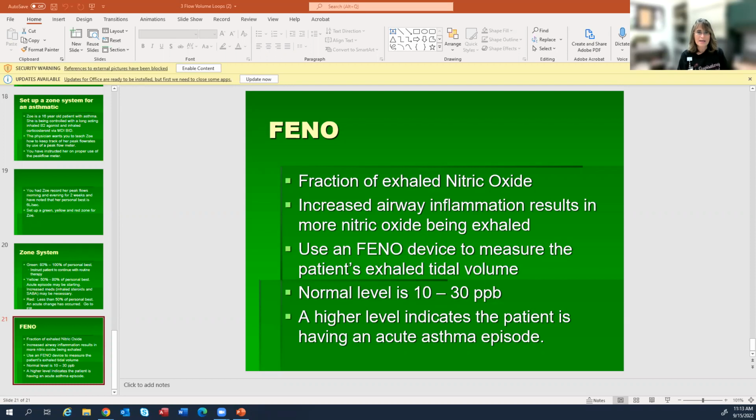There's a couple questions on diffusion capacity. I think you set up a green, yellow, and red zone for an asthmatic, and there might be a question on exhaled nitric oxide. I think you should be good to go for that.